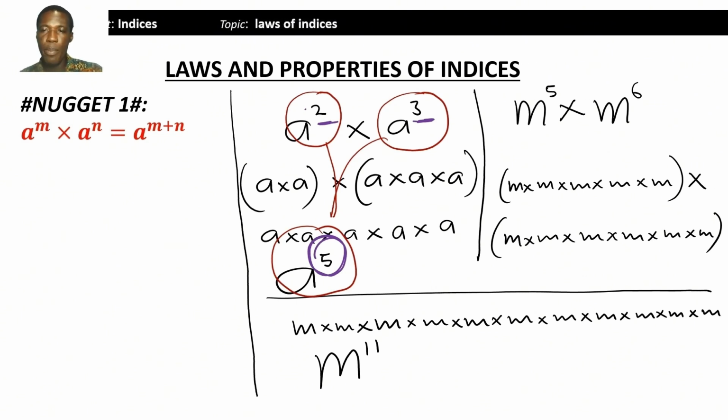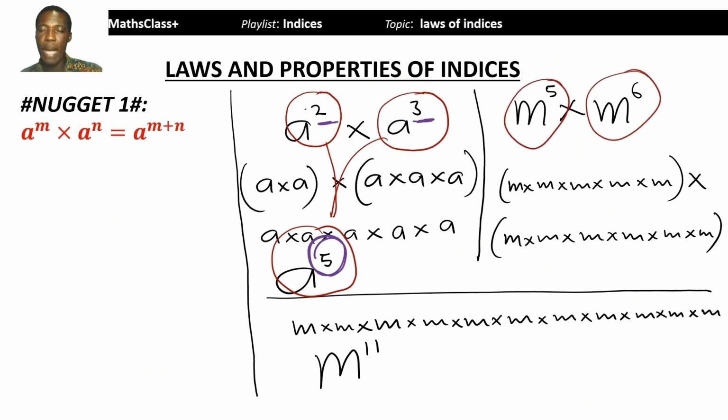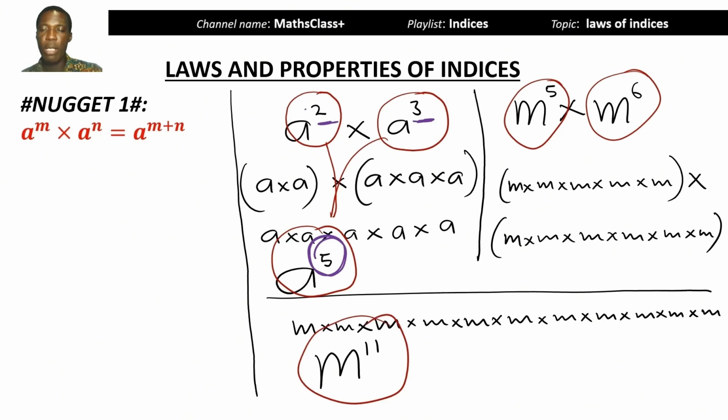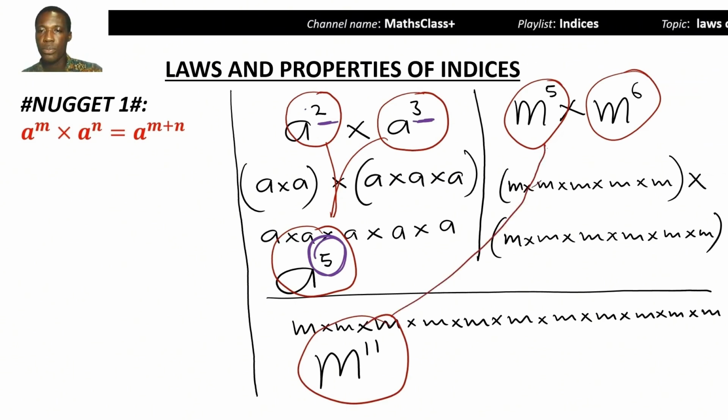So for the second example, we also have m to the power 5, m to the power 6 multiplying. And the result we had is m to the power 11. So connecting the two, what's our conclusion? 11, 5, 6.